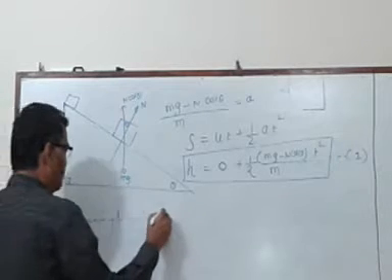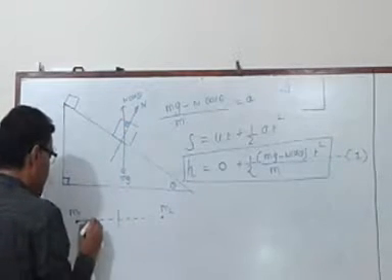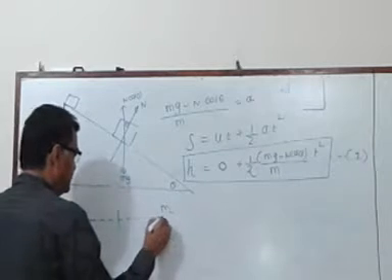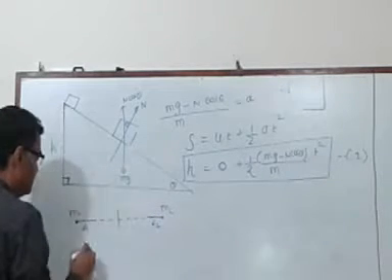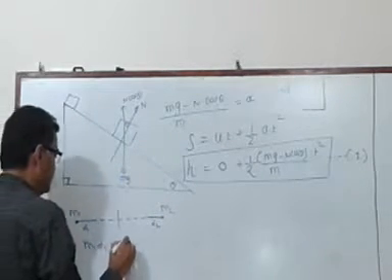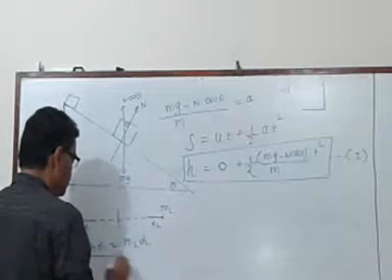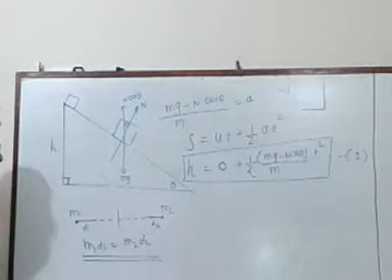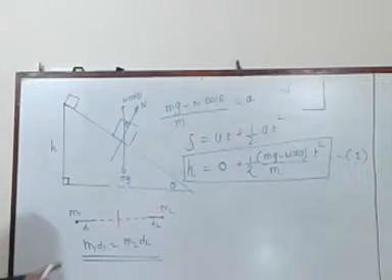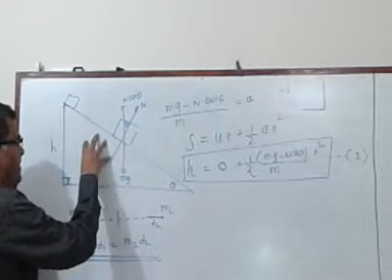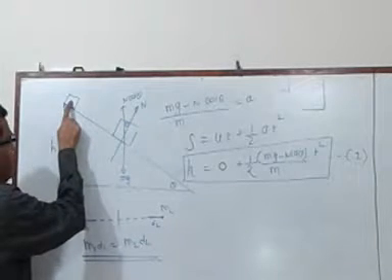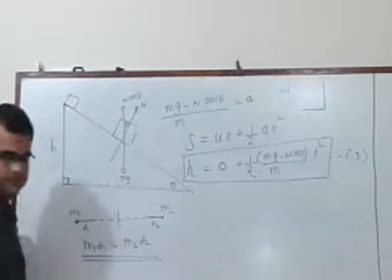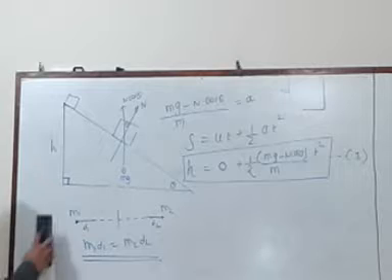Suppose this is a block M1 and this is block M2, and if it moves a distance d1 and this moves a distance d2, then M1 d1 is equal to M2 d2, because the center of mass must remain fixed. We will have to use this concept in finding out how much distance the wedge moves towards the left by the time this block comes down. Let us do that quickly.